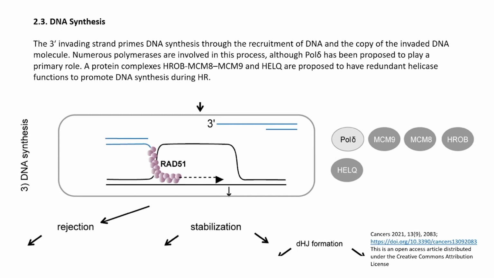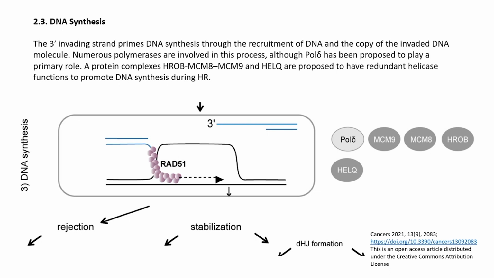The DNA 3' invading strand will act like a primer. So, it will prime DNA synthesis through the recruitment of DNA polymerases and the copy of the invaded DNA molecule. Numerous polymerases are involved in this process, although delta polymerase has been proposed to play a primary role.